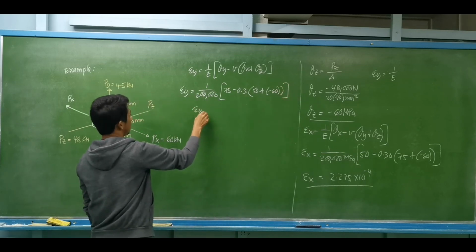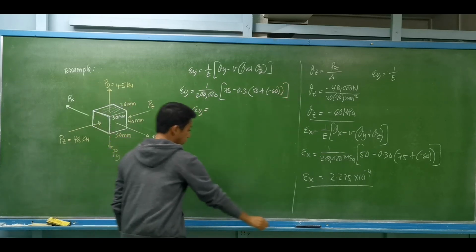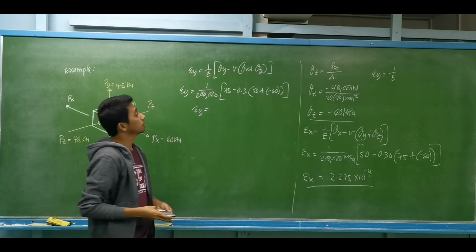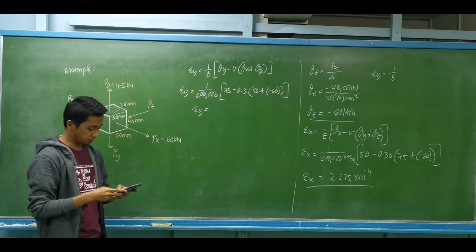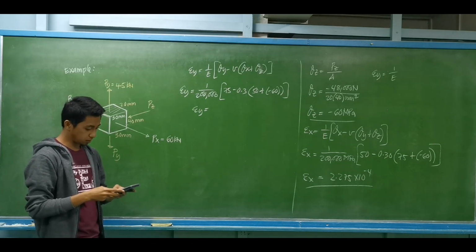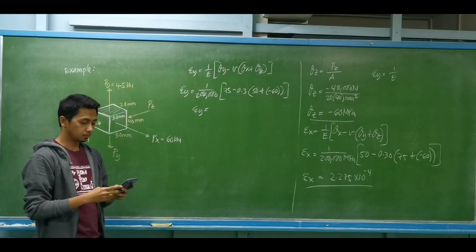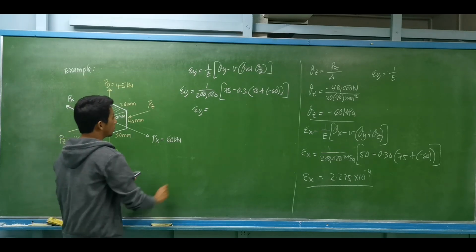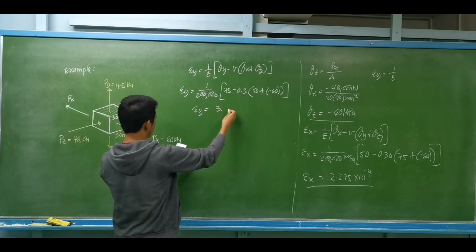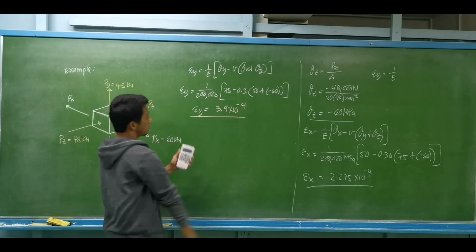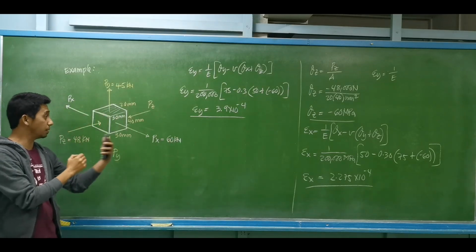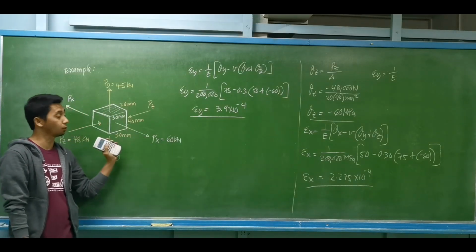So we have 75 minus 0.3 of 50 minus 60, divided by 200,000. We have 3.9 times 10 raised to negative 4, also positive. So we have a positive strain along y, which means we'll be having an increase in dimension in the y direction.